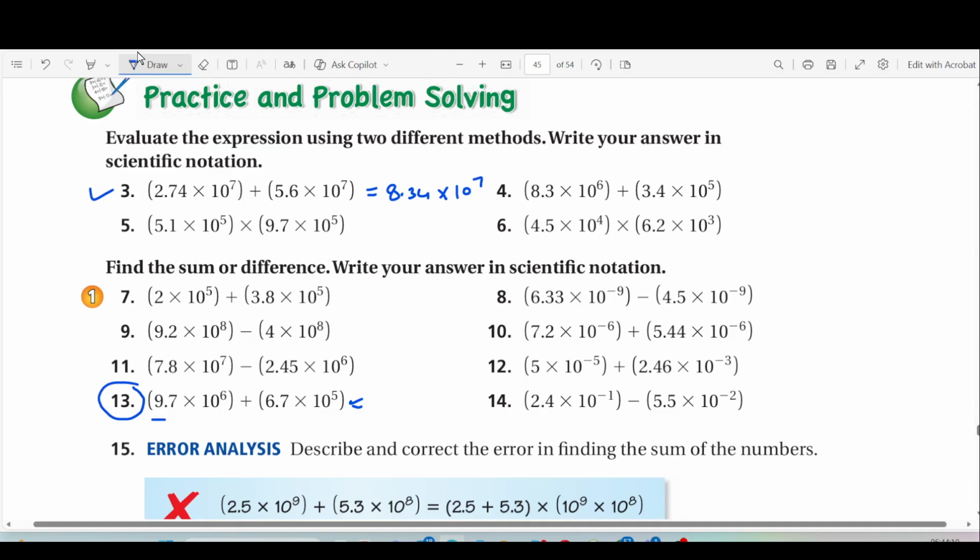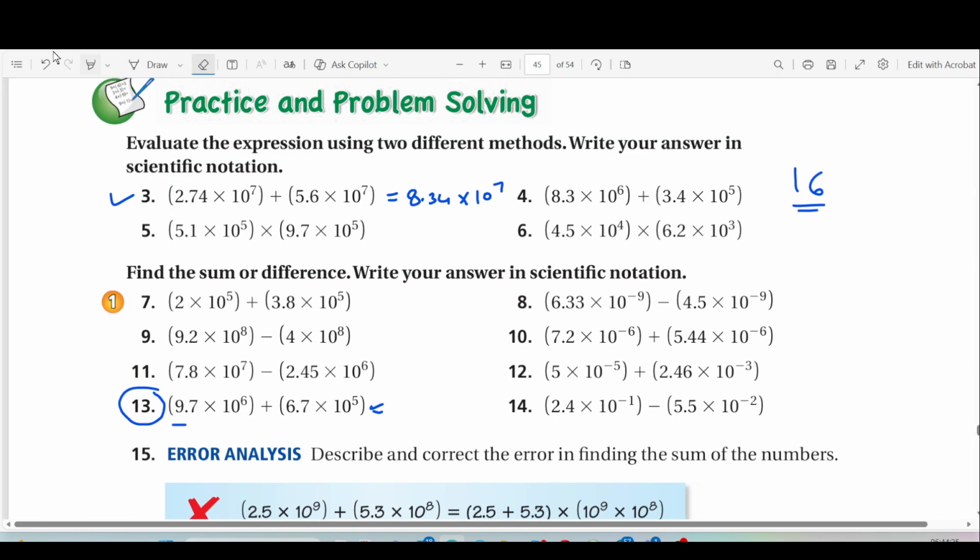So 9.7 plus 6.7, you cannot write it as 16.4. You need to make it smaller than 10, right? So 1.64. Then it would be times 10 to the power 12.